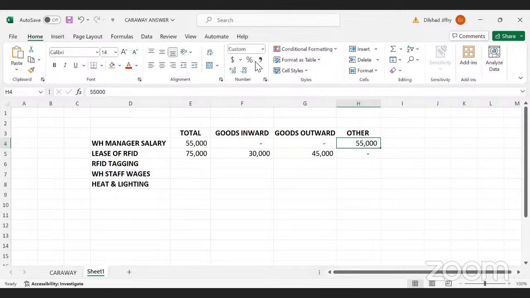And all that relates to goods inward, right? Tagging. That is lease.